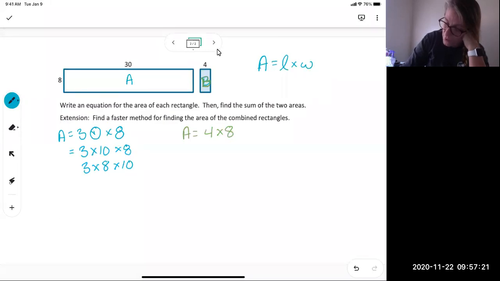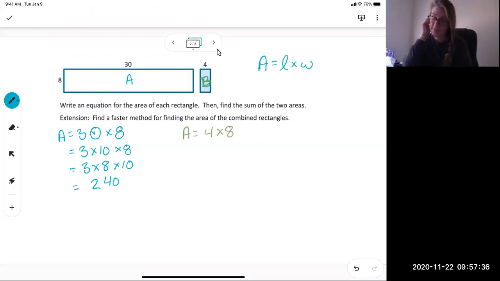Or we can look at it as 3 tens times 8, where we would just multiply the 8 and the 3 and get 24 tens, which we should know is 240. So 3 times 8 is 24, and then we're going to have our extra 0 on the end because we're multiplying it by 10. So the area of rectangle A is 240 square units because it doesn't give us a measurement.